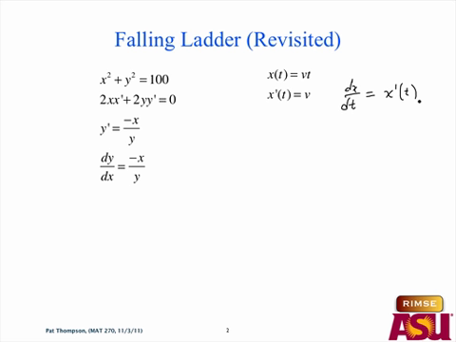It would be that constant rate, whatever the constant rate is of the bottom of the ladder moving across, that would be the velocity. And we could label that dx/dt or x prime. So the relationship between x and y is still the same. x squared plus y squared still equals 100.